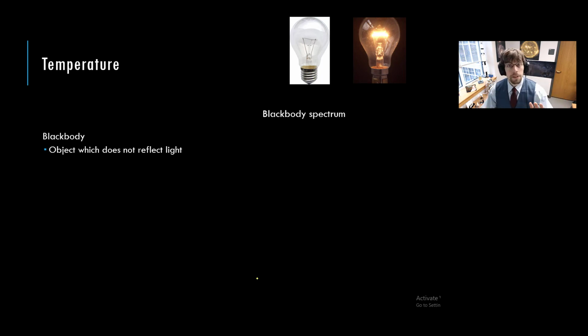Now, the second piece I have to be careful about is the object does not reflect light, but it can emit light. So it cannot reflect light, but it can emit light. What that means is any light that falls on the object is absorbed, okay? And then it emits its own spectrum. Okay? So it can emit light.